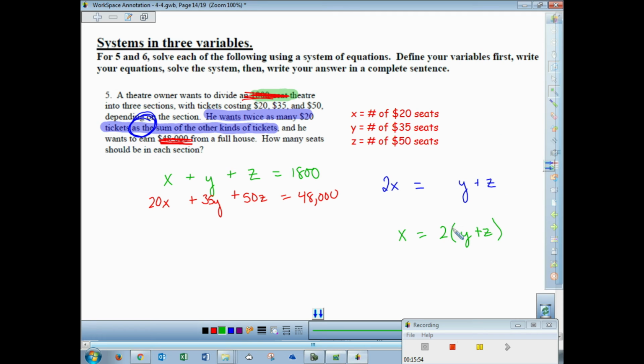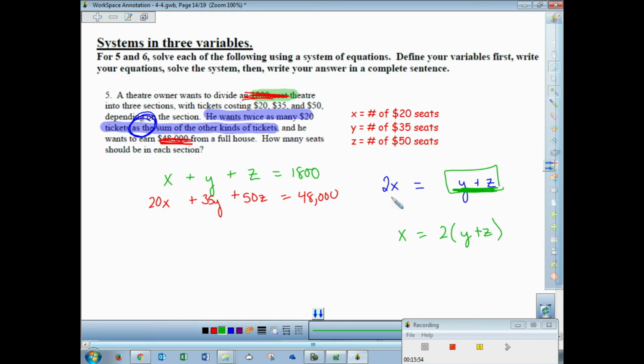It's very hard for people to realize which one is correct. You need twice as many $20 tickets as you do the sum of the others. Here's what I like to say: let's make up some numbers. Let's say the sum of the other 2 tickets was 10. Then what would you have to do to get twice as many? You'd have to double the sum.